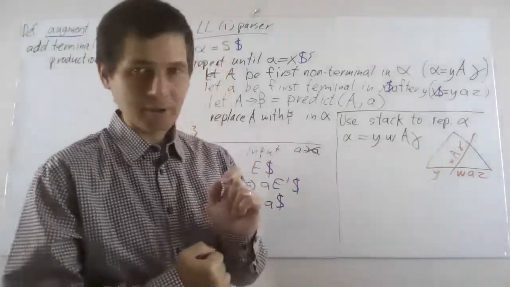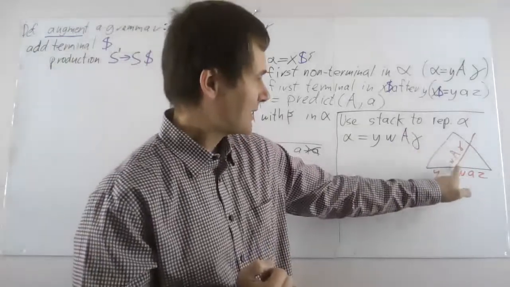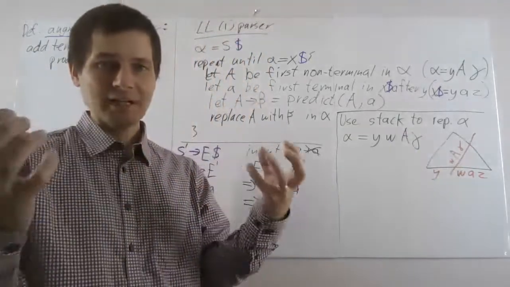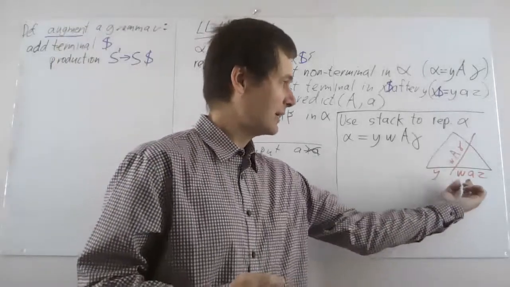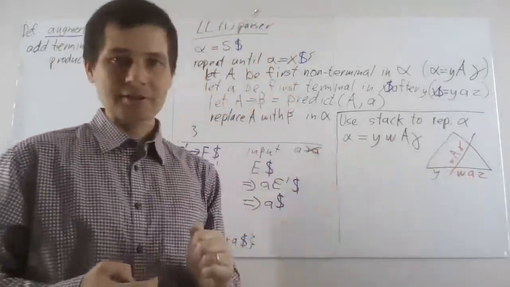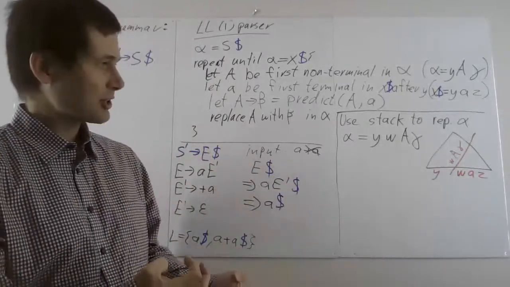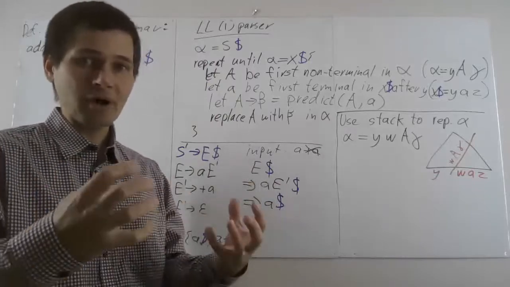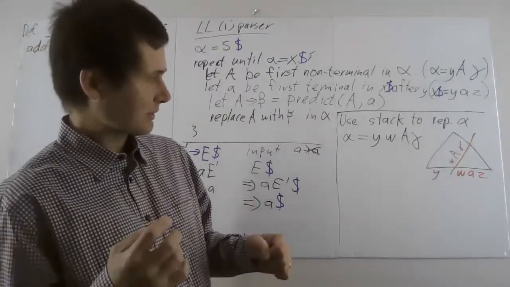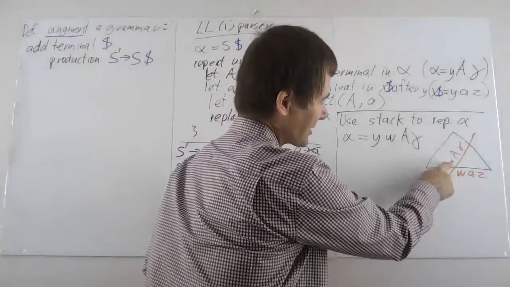So that's what the W represents. But then the input after Y had better also match the W that the production rule told me it's going to match. Because again, if it doesn't, then there's no hope of parsing that particular input. So my hope is, I'm going to match the W.